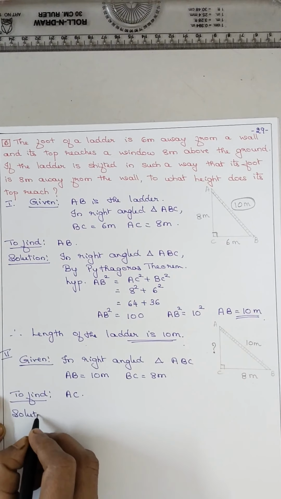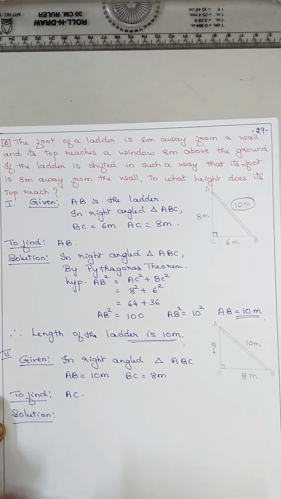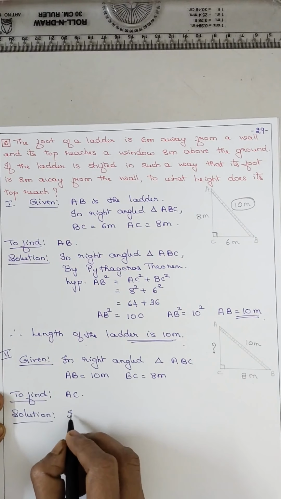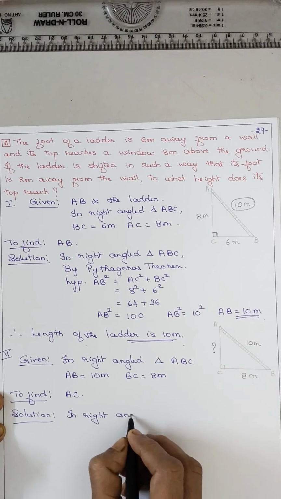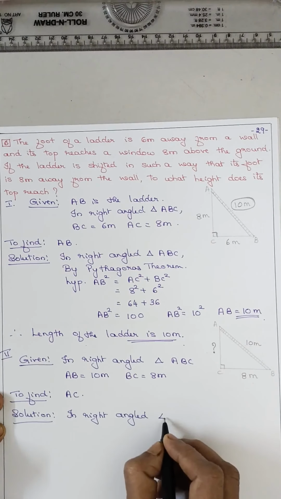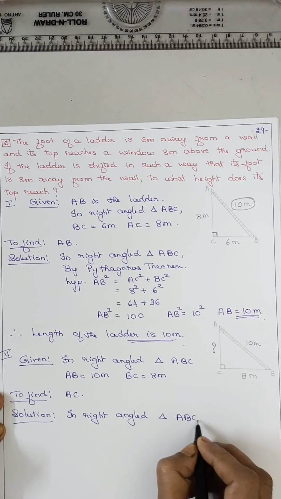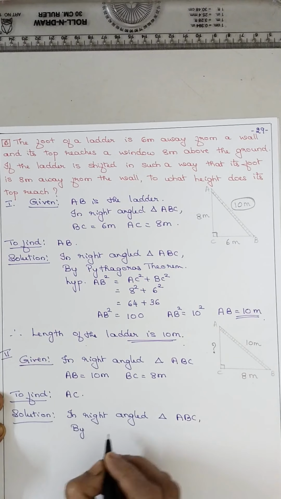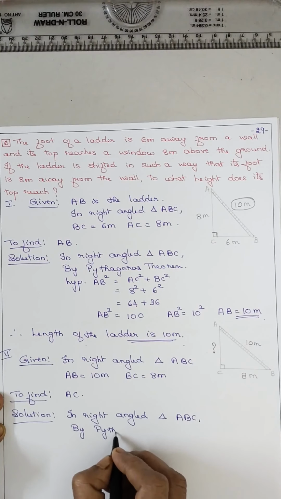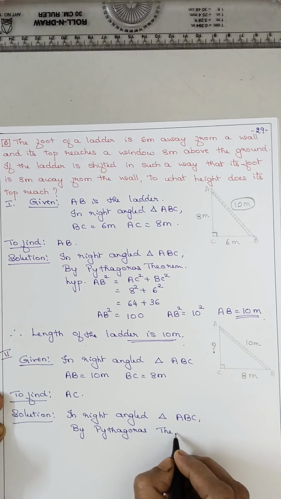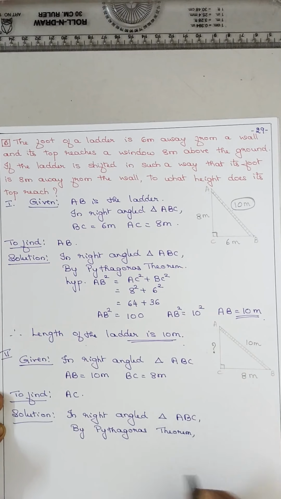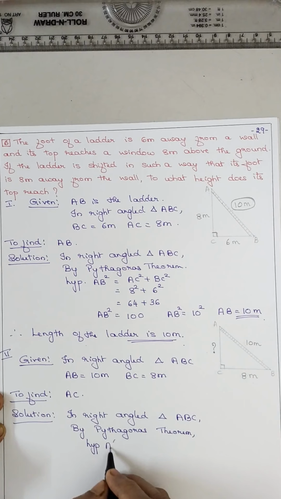Solution: in right angle triangle ABC, by Pythagoras theorem, hypotenuse, again it is AB squared, isn't it?